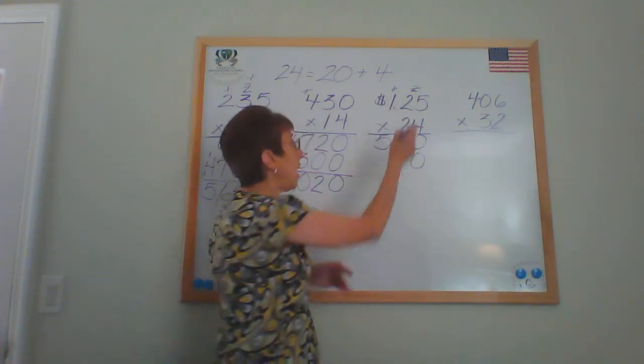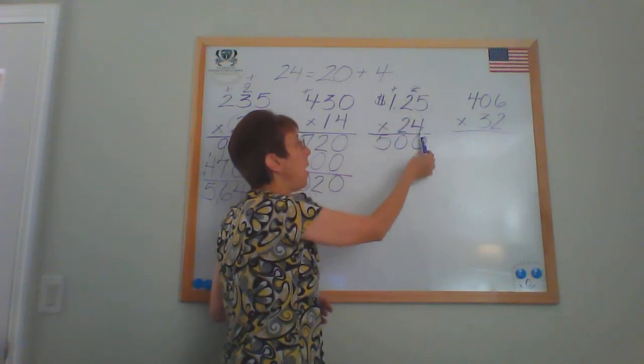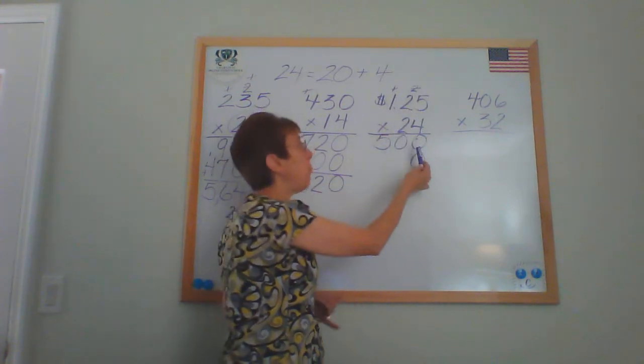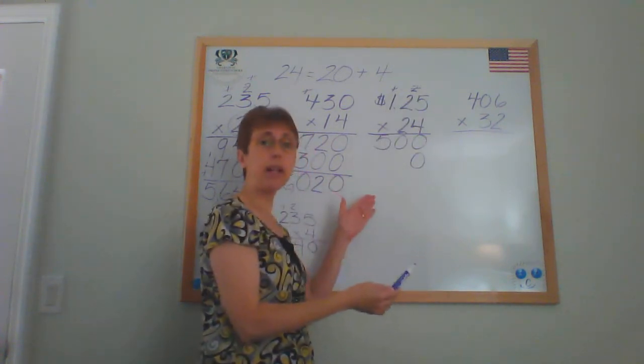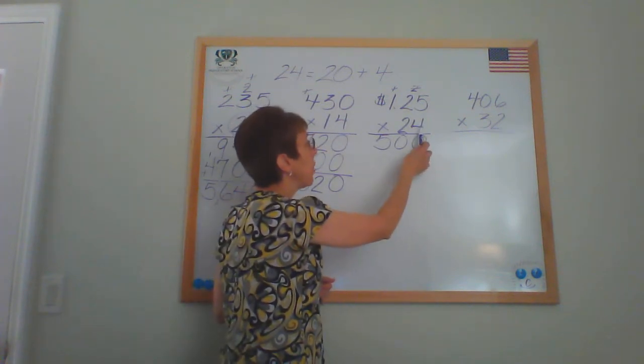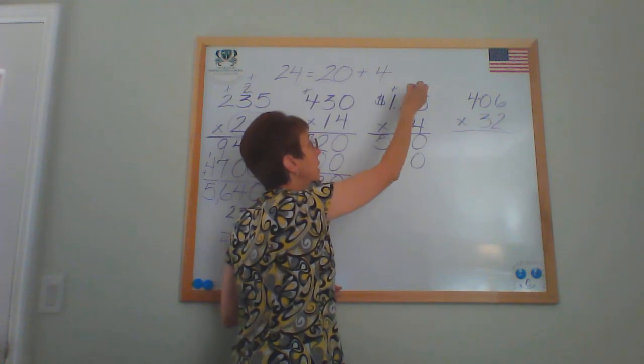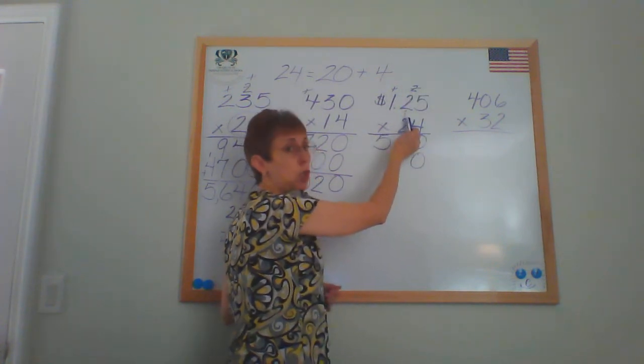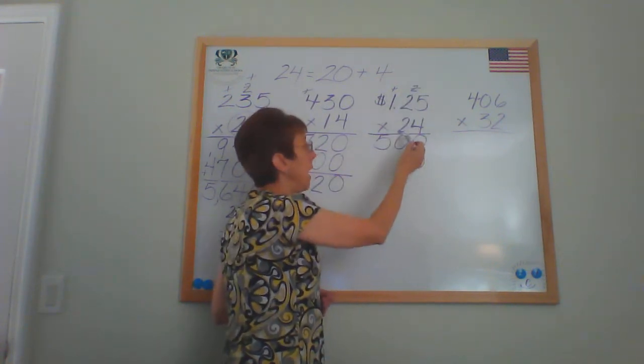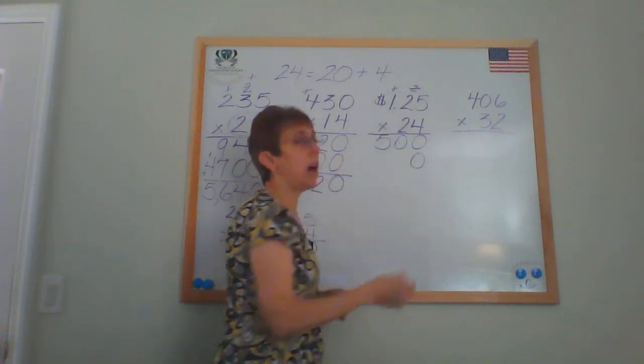But before I do that, I want to remind you again how, as I'm carrying over, when I go back and I have to add what I needed to carry over, for example here, 4 times 5 is 20, I put down the 0, I carried over that 2. And then when I did 4 times 2 equals 8 plus 2 equals 10, I put a little line through that too.